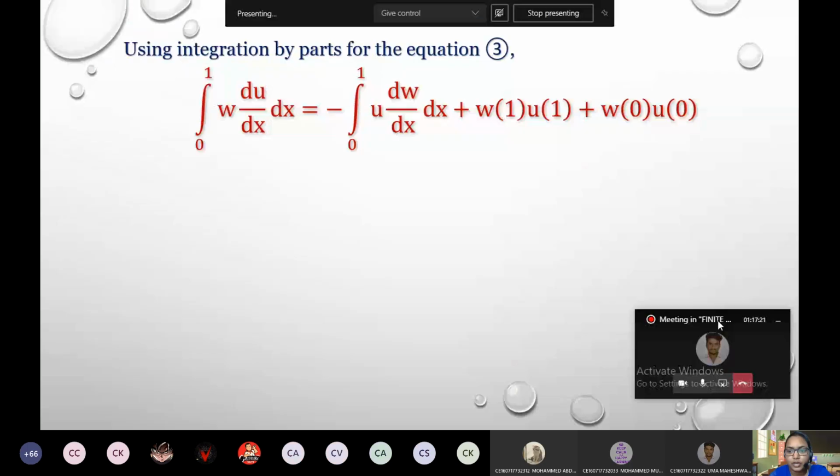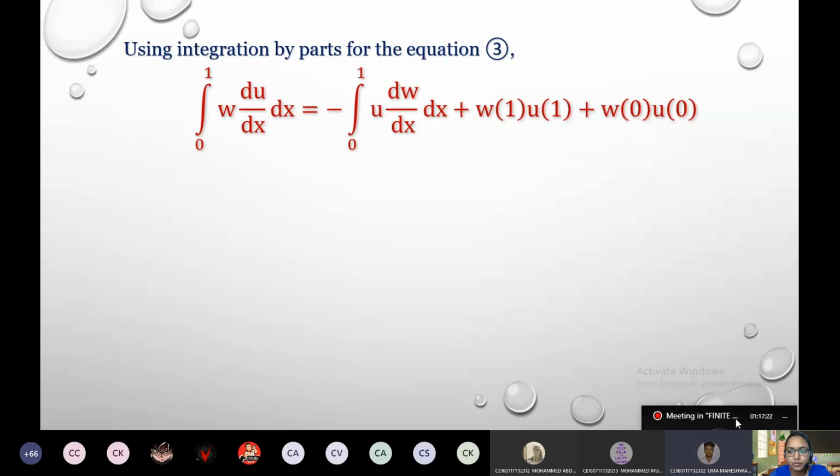Thank you. Are you able to see now? Yes, ma'am. All right. See, in the integral form from the differential equation given in the question, we have one term with respect to the weighting function and the u term also. For this, we are using integration by parts.